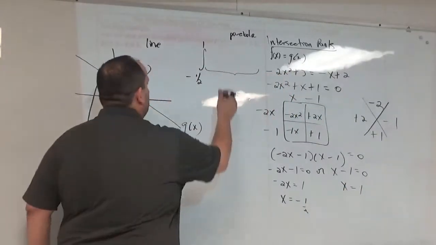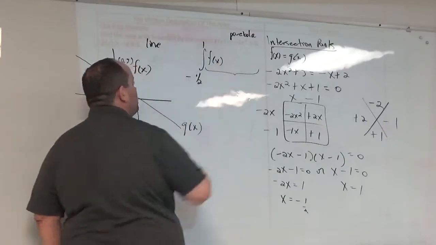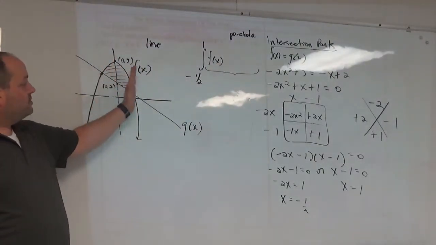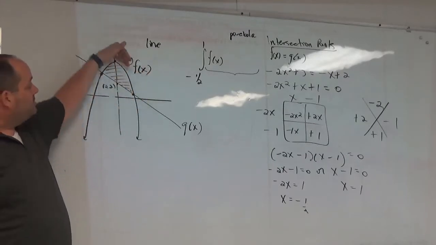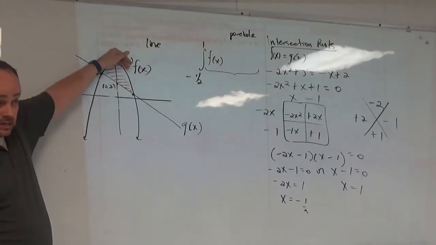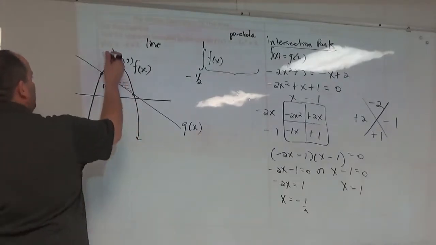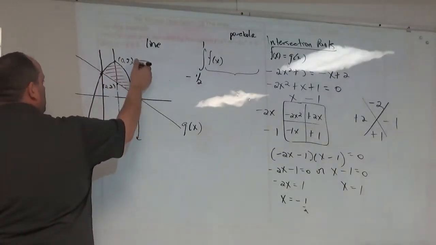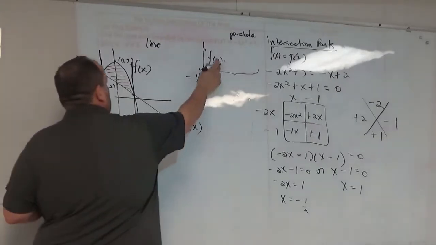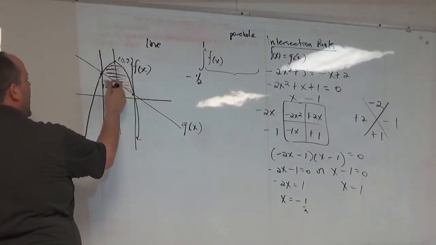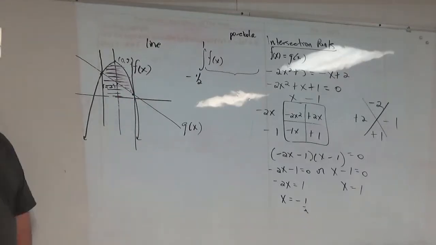Look what happens if you say integrate f of x. That means the area from negative a half to 1 bounded by f of x and the x-axis. So if you integrate f of x, it's going to find this area and that area there.